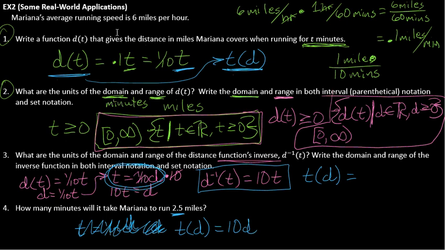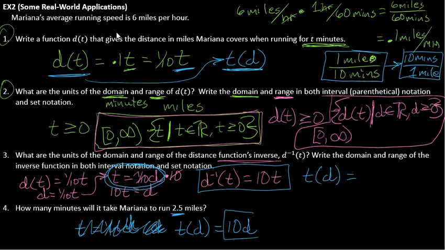So for example, if we look back to our rate of change, 1 mile per 10 minutes. Well, the inverse of that would be 10 minutes for every 1 mile. That's what we're getting at. Okay, this would be our inverse rate of change, which is obvious right here.